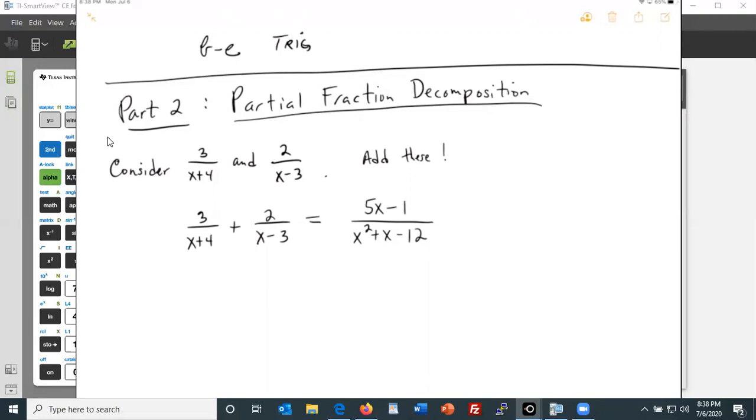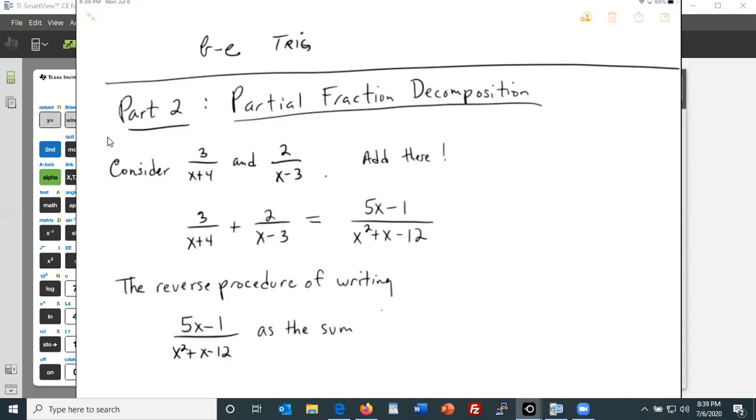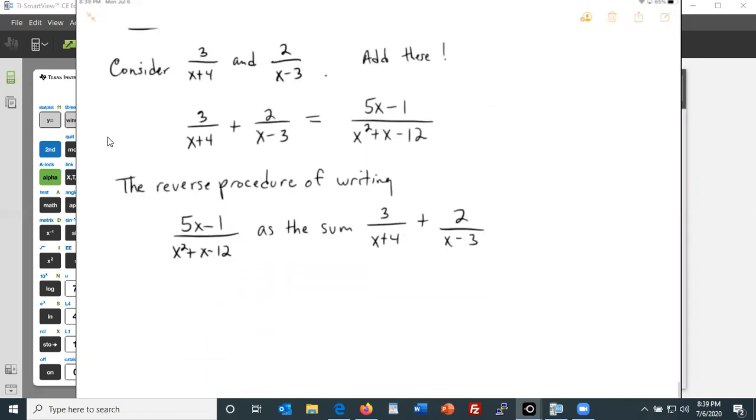So the reverse procedure of what we just did, of writing the answer 5x minus 1 over x squared plus x minus 12 as the sum 3 over x plus 4 plus 2 over x minus 3 is really what we're interested in.